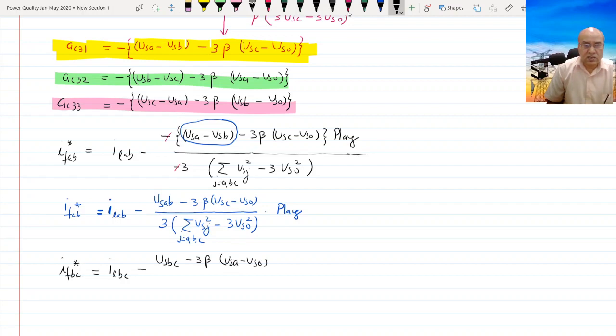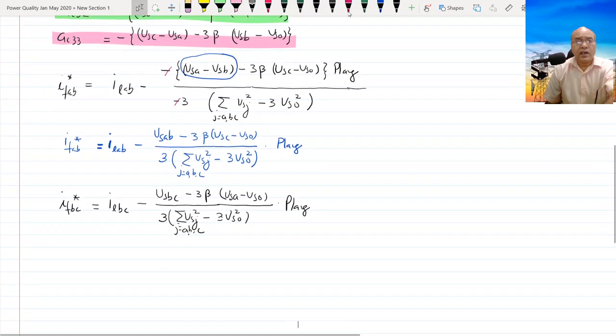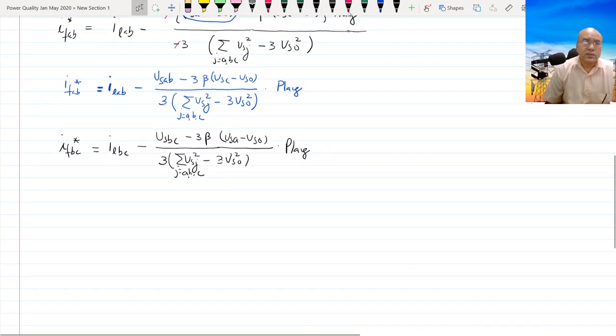Just advance subscript by 1 and you will get the next expression, VSJ square minus 3 VS0 square. So this sigma here, J equal to ABC, into PL average. Fine. And the third will be IFC star.